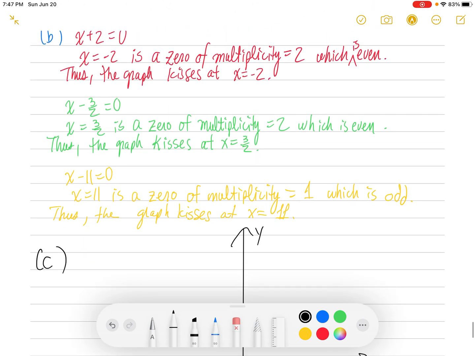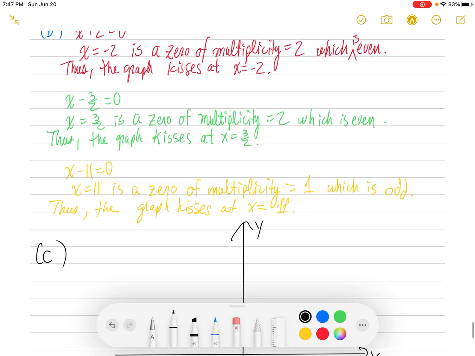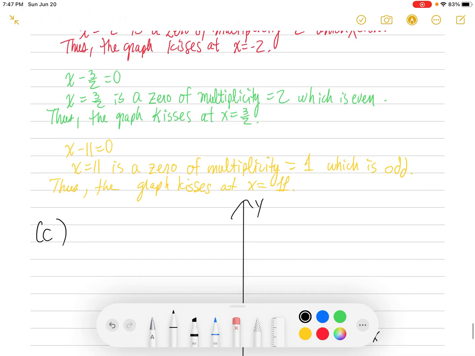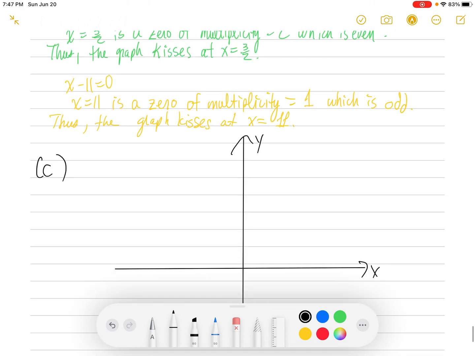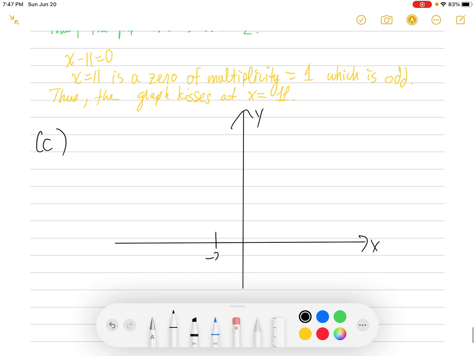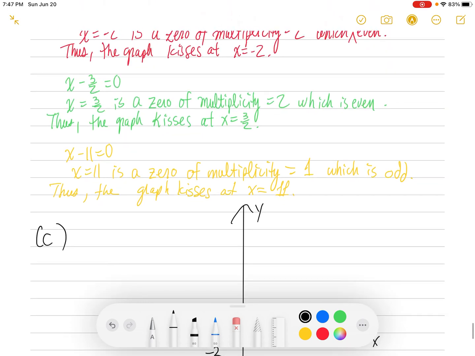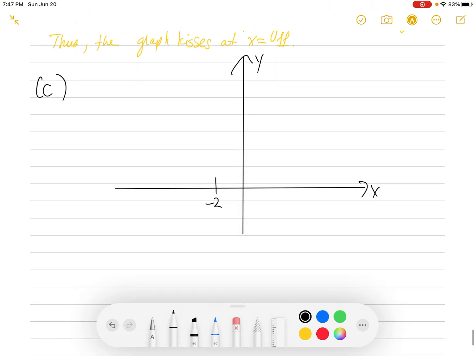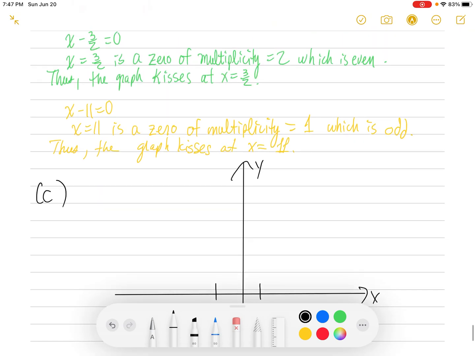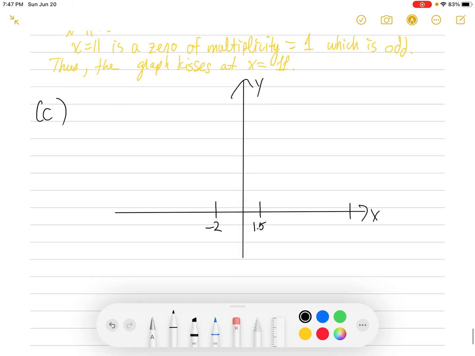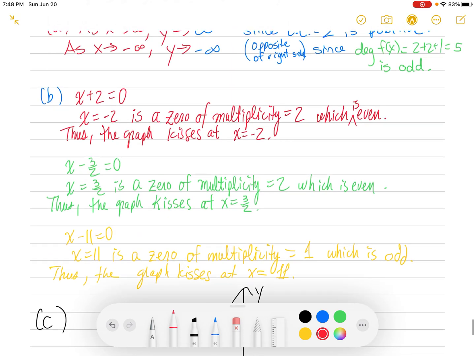All right, I'm going to put down my intercepts, or what do you call these, my zeros. So I have an x-intercept or a 0 at -2. I have one at 3/2, which is the same thing as 1.5, so I'm going to write 3/2 as 1.5. And I have one at +11, so I'm going to write that way up here. So I'm going to put some red points there. That's going to be part of my graph.